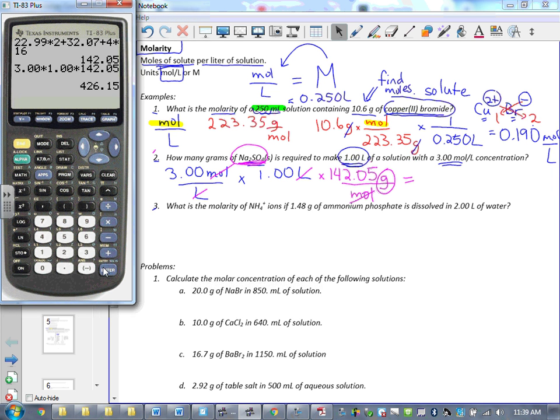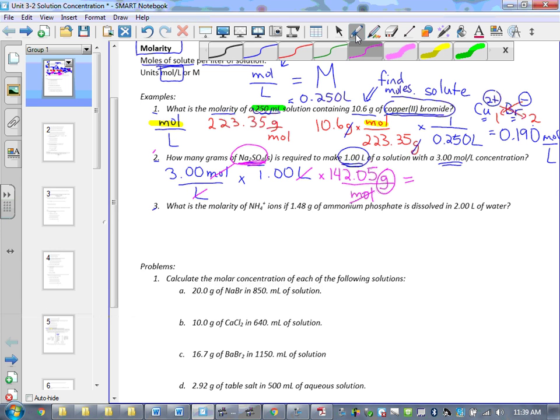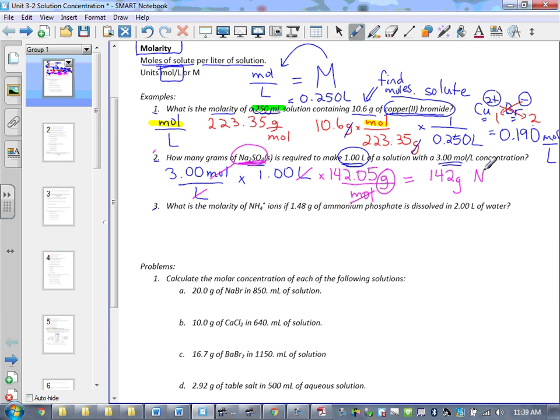So 426.15 grams. And that's how any baby step. But 3 moles per liter is a lot. It's a pretty concentrated solution. And thinking about significant figures, I should only have 3.